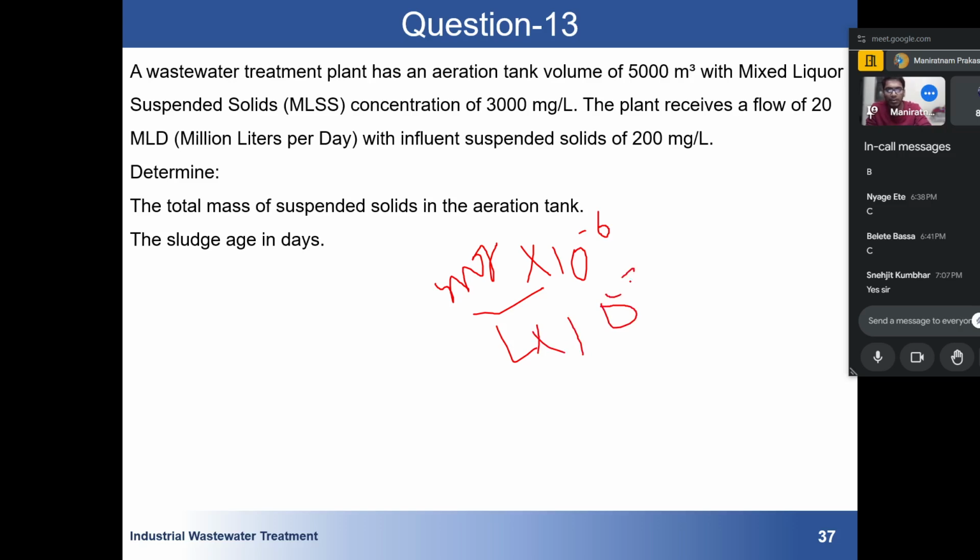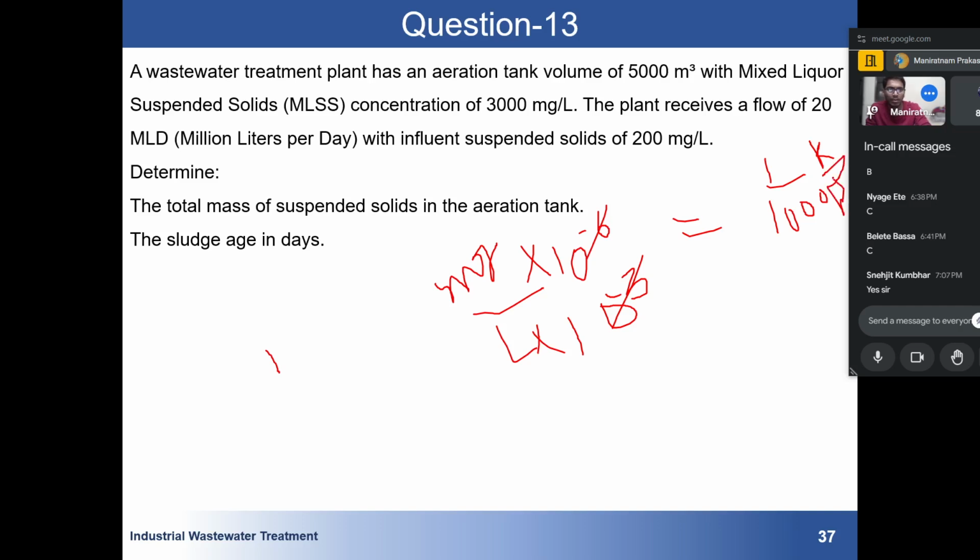So the minus 3 and minus 6 go out, and finally it will be equal to 1 by 1000. This 10 to the power minus 3 will come down, so it will be 1000 kg per meter cube.